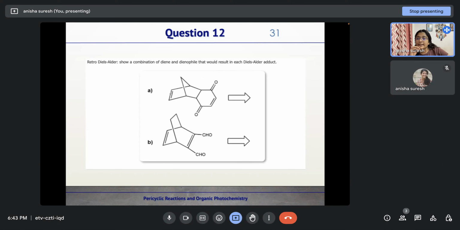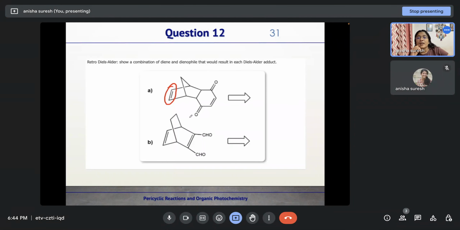So this is the cyclohexene ring that is formed. See, this is the cyclohexene ring that is formed. So if we do a retro Diels-Alder reaction, we can draw the starting materials that have led to formation of this diene and dienophile.